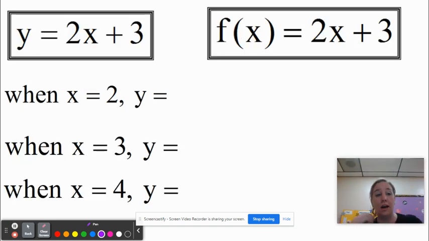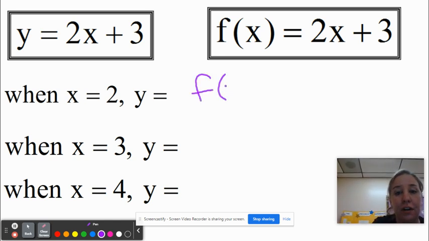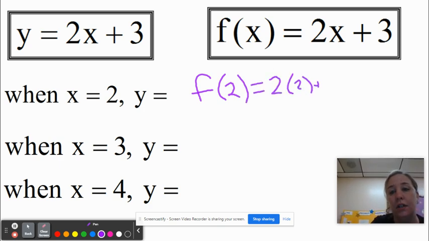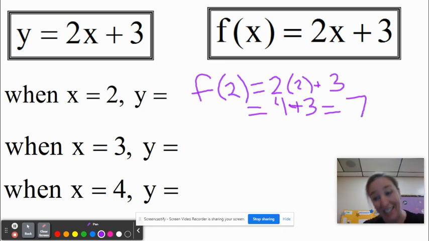All right, so on the left, when x is 2, y equals blah. When x is 3, when x is 4. No, we just use function notation now. And we say f of 2 equals 2 times 2 plus 3, 4 plus 3 is 7. So f of 2 equals 7.